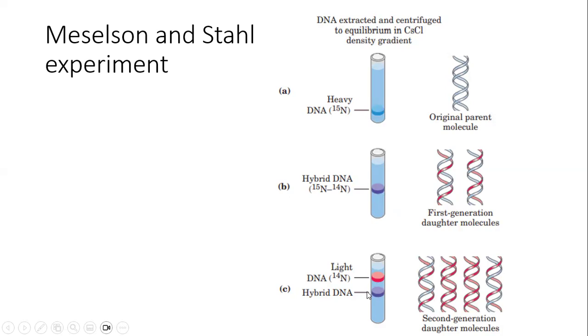One DNA band was at the hybrid DNA position, while another DNA band was present at a new position that was even lighter. This was thought to be the 14N-containing DNA position. So the original 15N-containing DNA position was not observed even during the first cell division cycle. These experiments suggested that indeed DNA replication takes place by the semi-conservative mode.